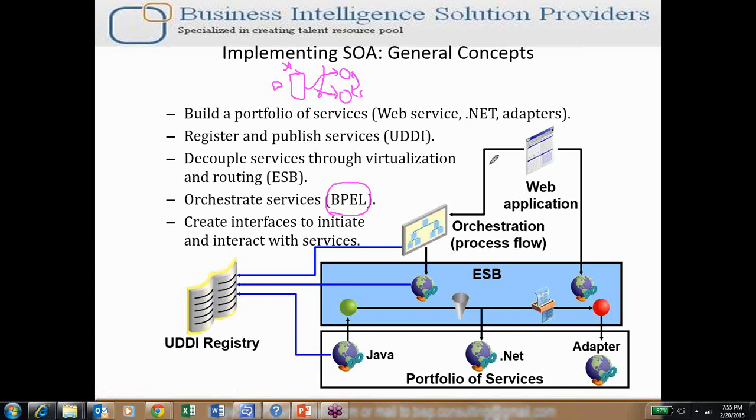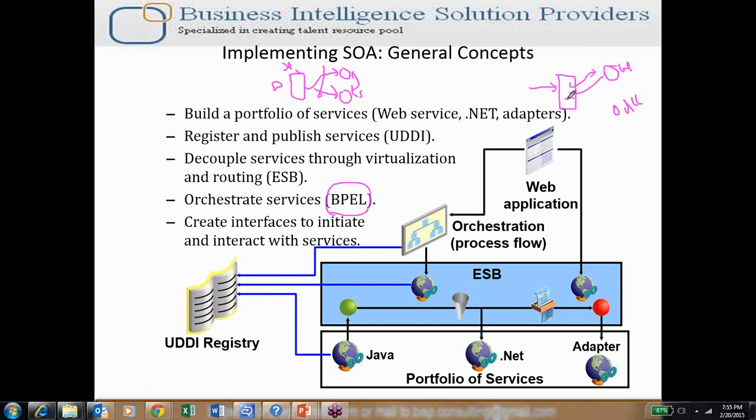Like suppose there is a fund transfer service where you have to do a credit check, and then you have to debit the person's account if the available balance is there. So what BPEL does is BPEL creates the third service or the central service which first calls the credit card service to check whether the credit card is valid or not.